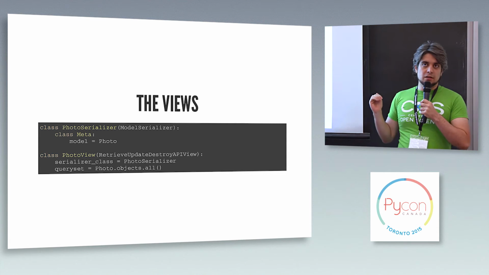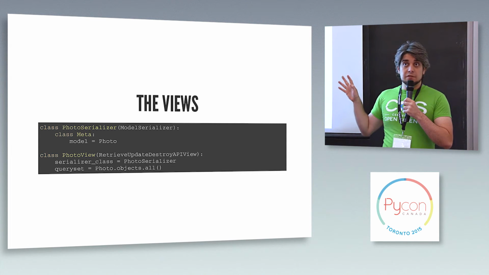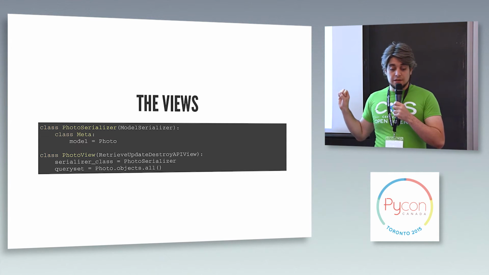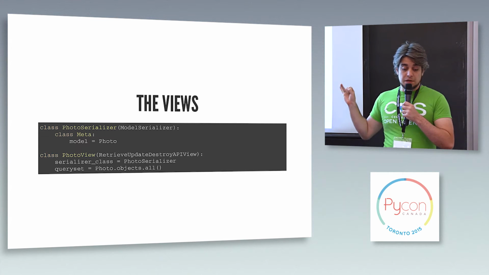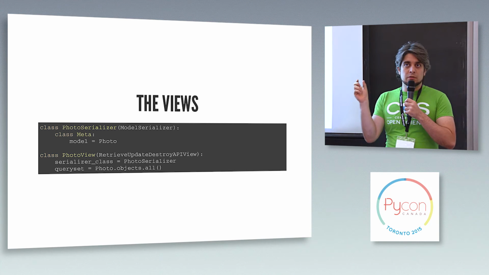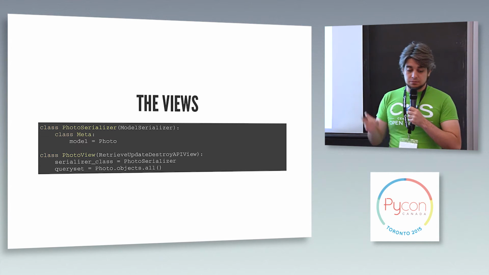And then later on, the view is being derived from a Django REST Framework view that, as you can see, does retrieve, update, and destroy API view. So just with that, by deriving from that one view, you already get all the functionality of getting a photo, posting it to create a new one, and putting it to modify it.